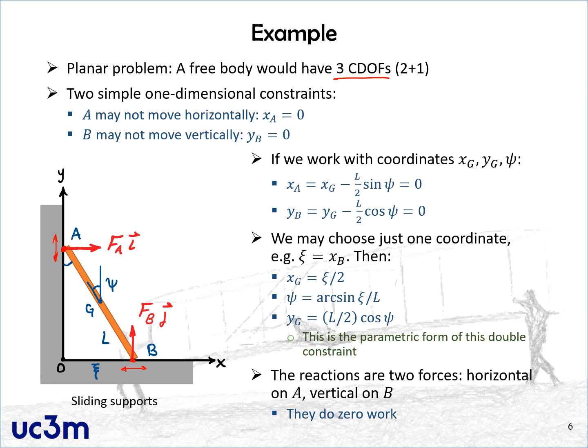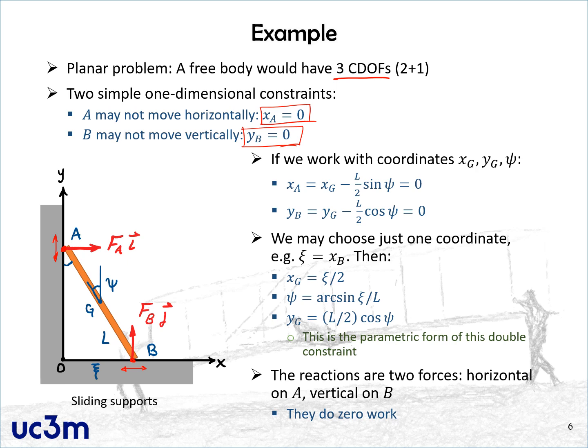So the way of writing this constraint in implicit form involves a total of two equations, because the dimension of this constraint system is equal to 2. So we have these two equations that you see over here. You see that we have expressed these equations in terms of the coordinates of the points of contact between the bar and the wall or the floor.